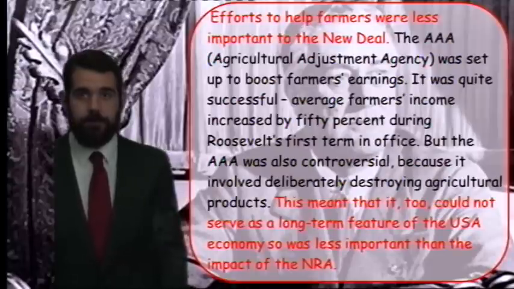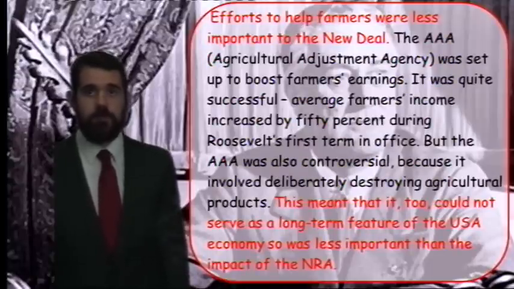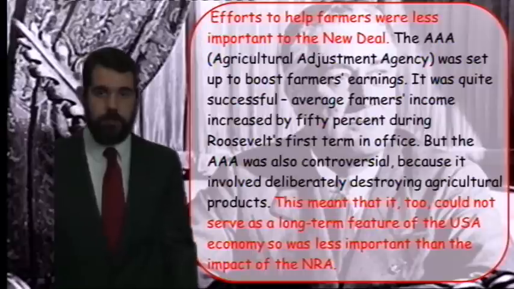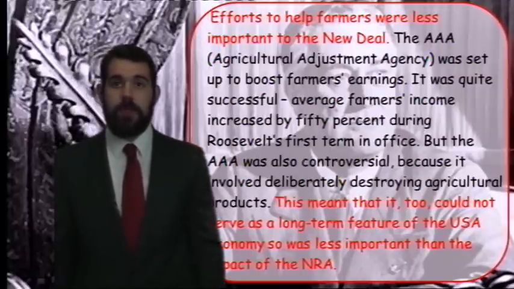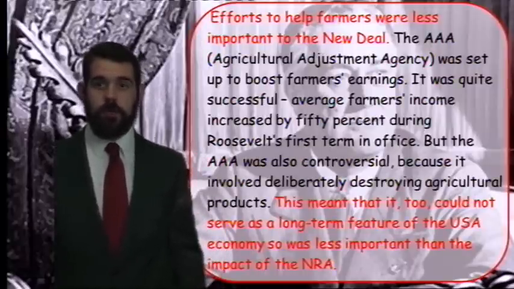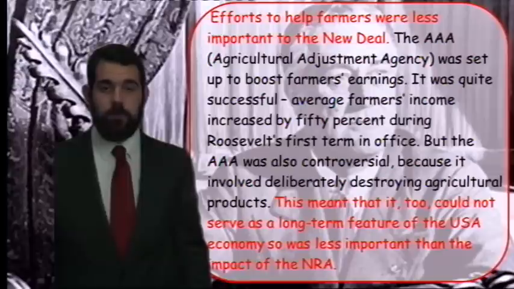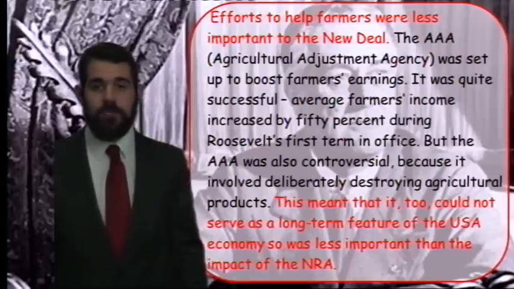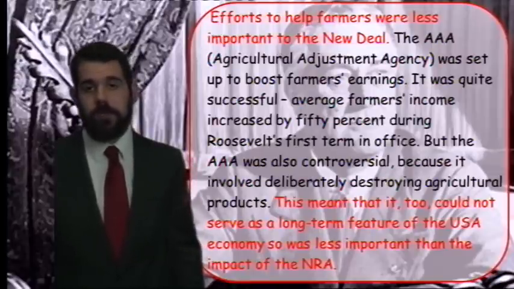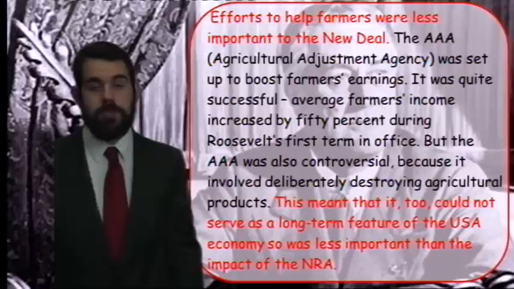My second, efforts to help farmers were less important to the New Deal. The AAA was set up to boost farmers' earnings. Now, I've explained what it does, and now I'm saying why it's not as important as the NRA, because it can't serve as a long-term feature, it's a short-term measure. That is my criteria for saying it's a less important feature. I've already established that this comes second place to the NRA.